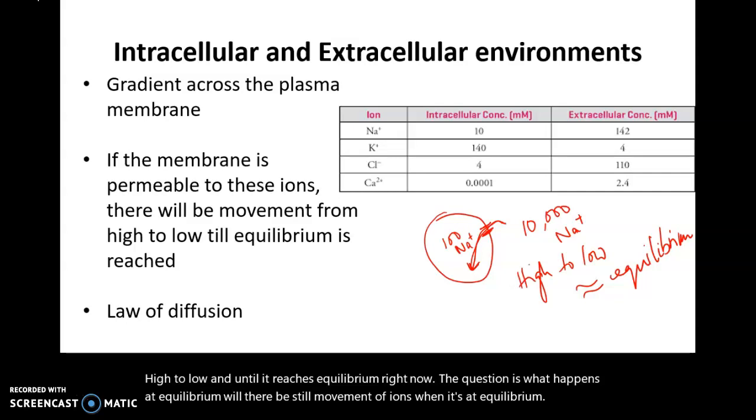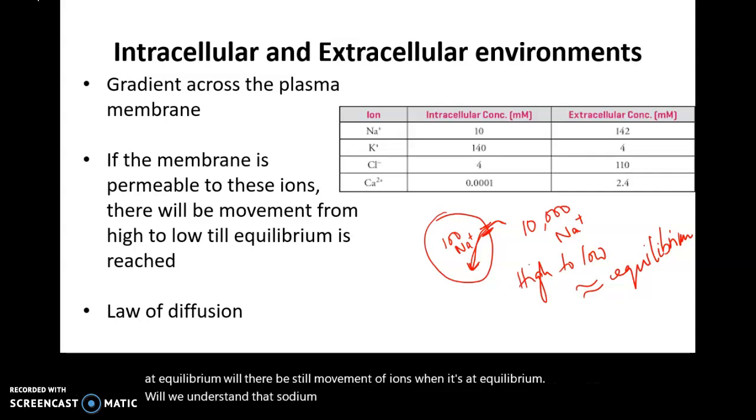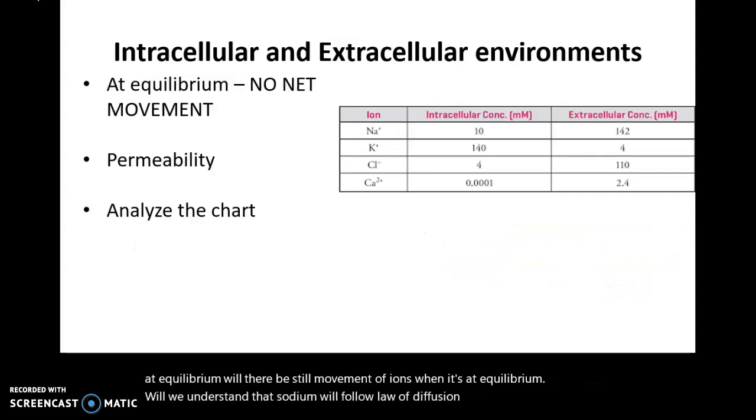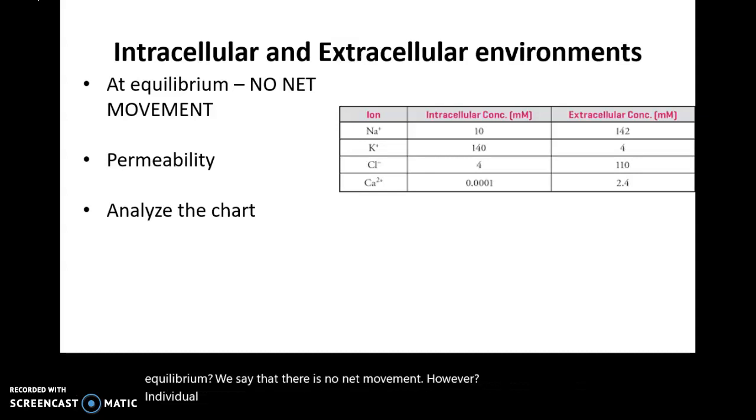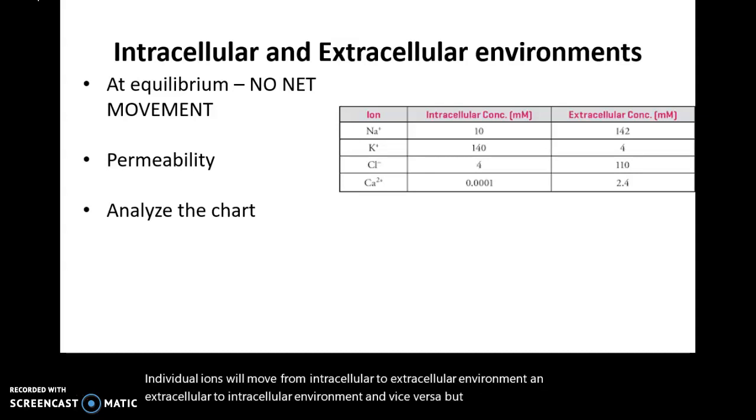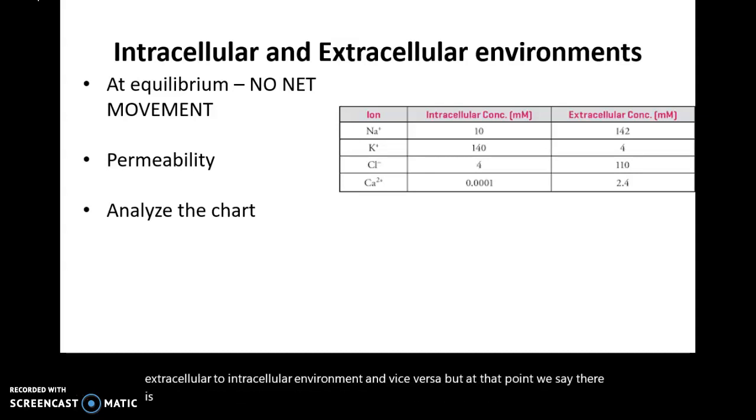Well, we understand that sodium will follow the law of diffusion, and when it comes to equilibrium, we say that there is no net movement. However, individual ions will move from intracellular to extracellular environment and extracellular to intracellular environment and vice versa. But at that point, we say there is no net movement.